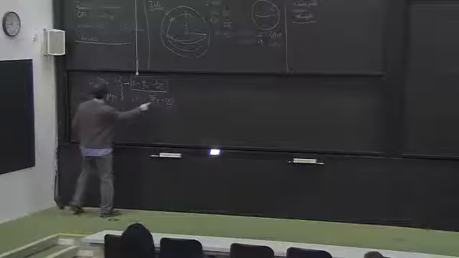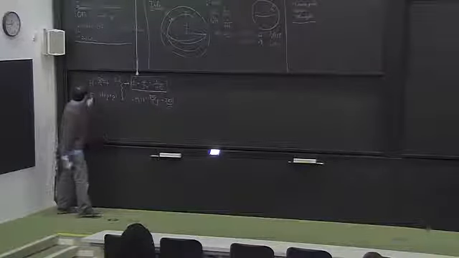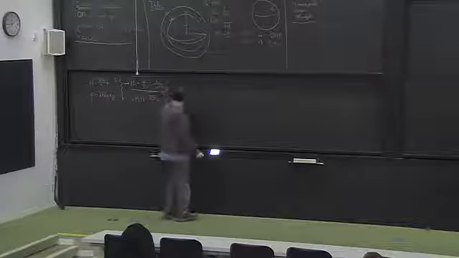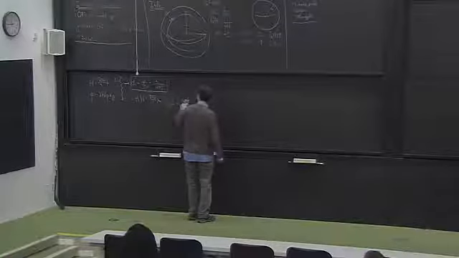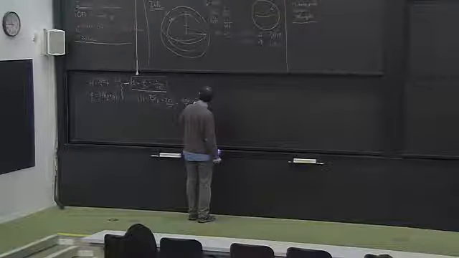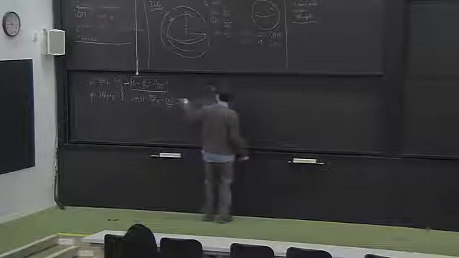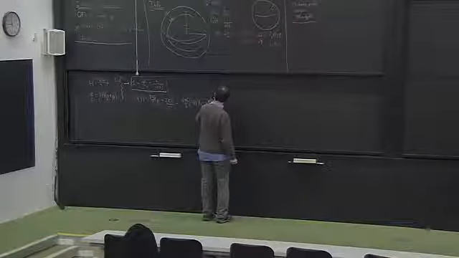And then let me use the continuity equation to remove this rho dot. So this will be 8 pi g over 3 times minus 3h times rho plus p, and then plus 2k h over a squared.